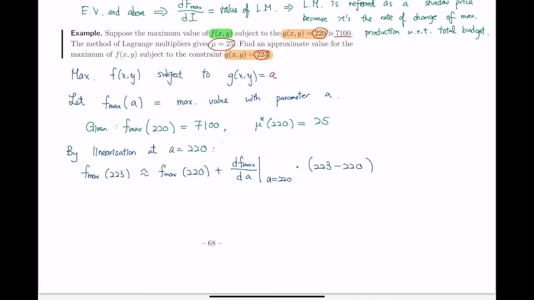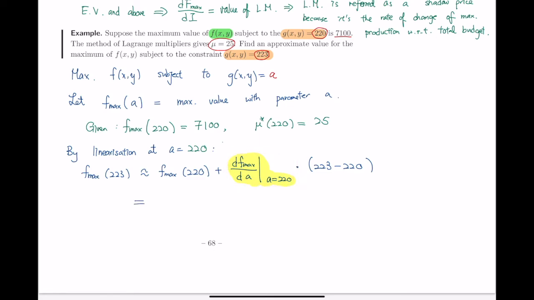Okay, so this is just linear approximation. But now we have this term here, the derivative. And the derivative can be done by using the envelope theorem. Because this time the parameter appears in the constraint constant only, in this case the envelope theorem tells me that the derivative of F* with respect to the parameter is really just the Lagrange multiplier.